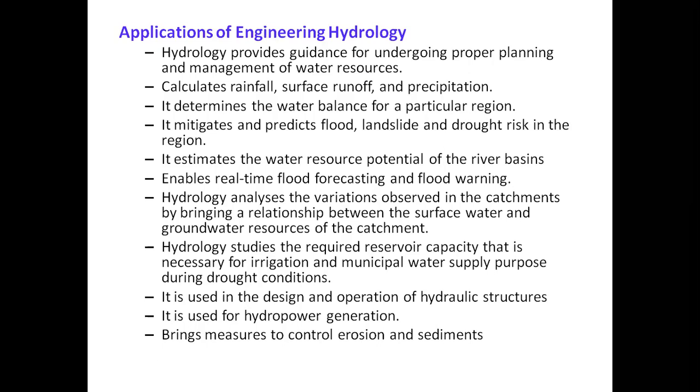Hydrology analyses the variations observed in catchments by relating the surface water and groundwater resources of the catchment. It studies the reservoir capacity required for irrigation and municipal water supply during drought conditions. It is used in the design and operation of hydraulic structures and for hydropower generation. It brings measures to control erosion and sediments.